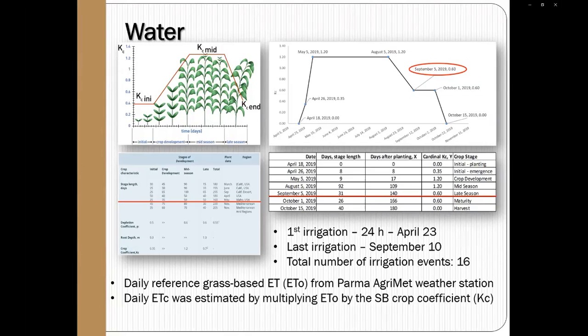So the daily reference grass-based ET was then adjusted using the sugar beet crop coefficients to make the irrigation decisions. And we imposed 2 water levels, 100% and 50%. And the irrigation water was applied using the subsurface drip irrigation system, and the tape was buried down to 7 inches.